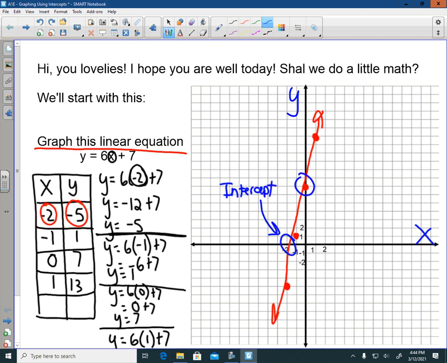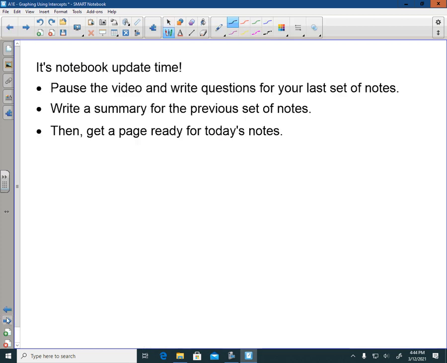This point right here is where the line crosses the y-axis, making it also an intercept. That's what we call points that are where the line crosses the x and the y-axis. Now, sometimes all we know about a line is its intercepts.